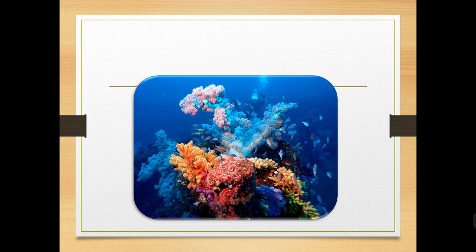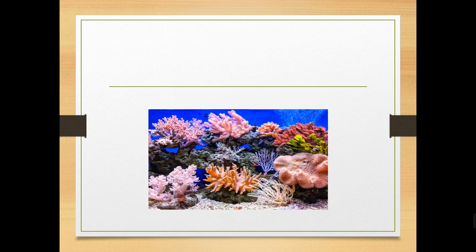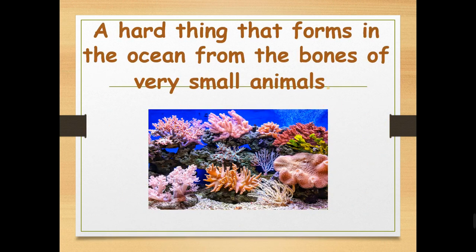Next we have this picture. What is this? It's called coral. Coral is a hard thing that forms in the ocean from the bones of very small animals. So we can see it underwater. It's made from the bones of small animals.